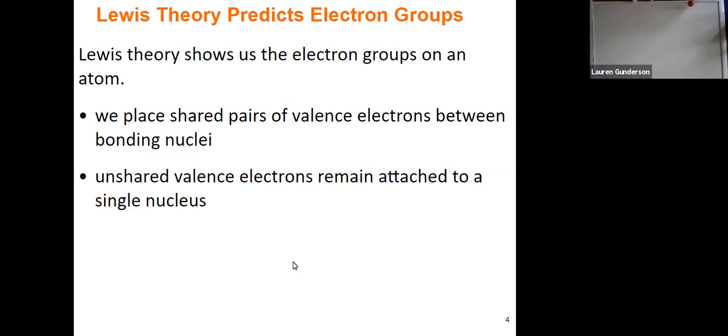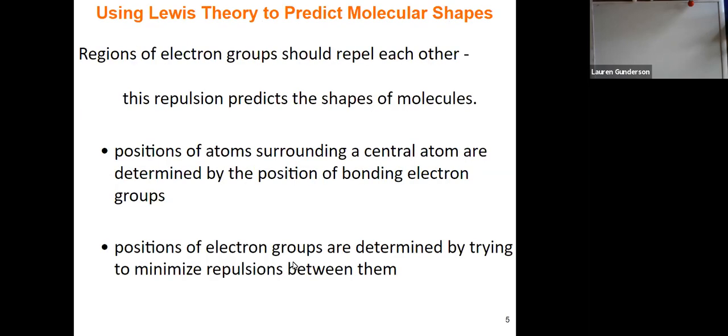And any unshared valence electrons would be attached to a single nucleus, and that's how we represented the different electron groups in Lewis theory. Okay, so that allows us to determine what electrons are being shared and what electrons are singly associated with one particular element.